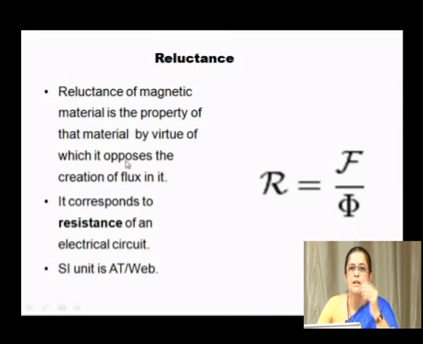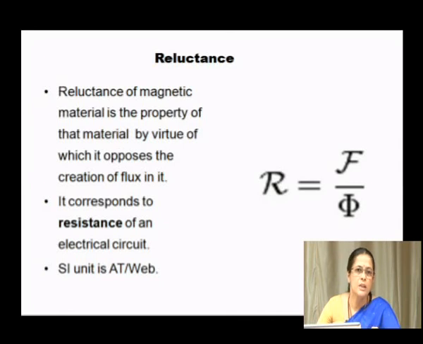So, what do we understand? Reluctance of a magnetic material is the property of the material by virtue of which it opposes the creation of flux in it. That is, you can understand that it is a property of a material. So, it varies across different magnetic materials.